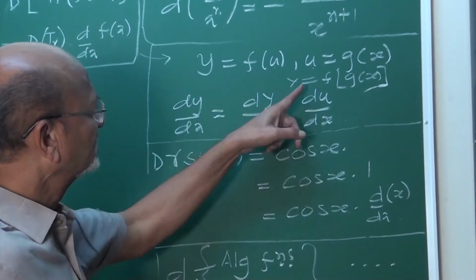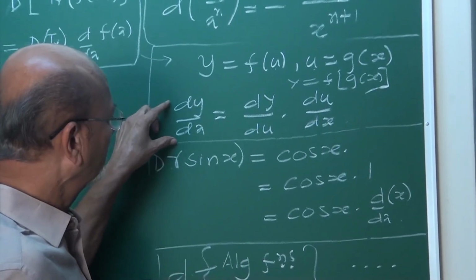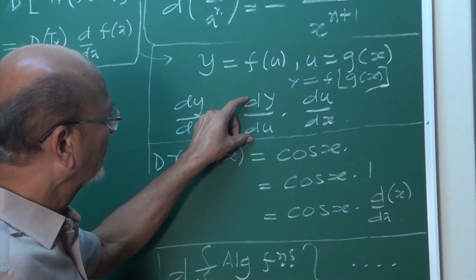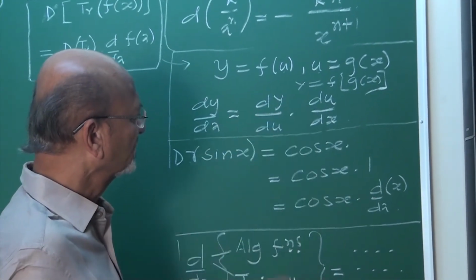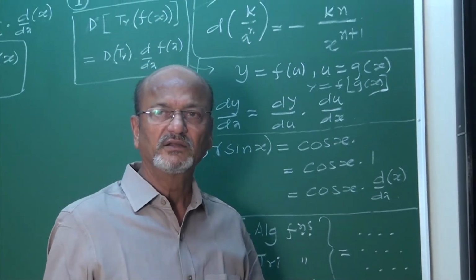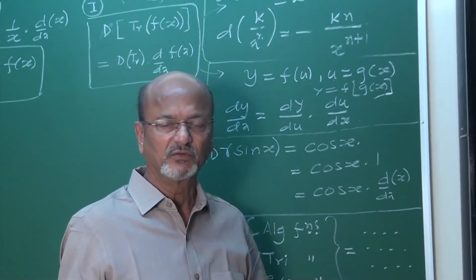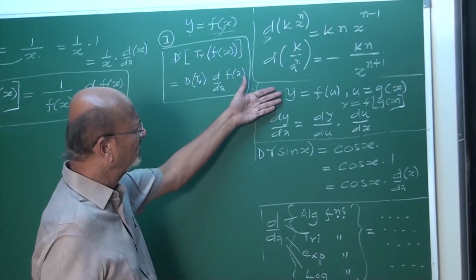So dy by dx equals dy by du into du by dx. It is just like a chain. We call it the chain rule, and we use it while finding the derivative of composite functions, my friends, remember.